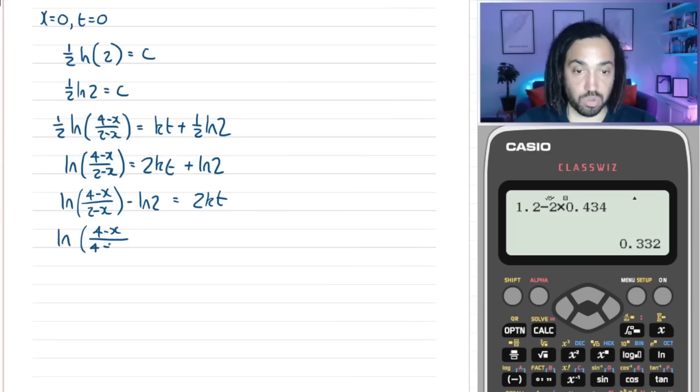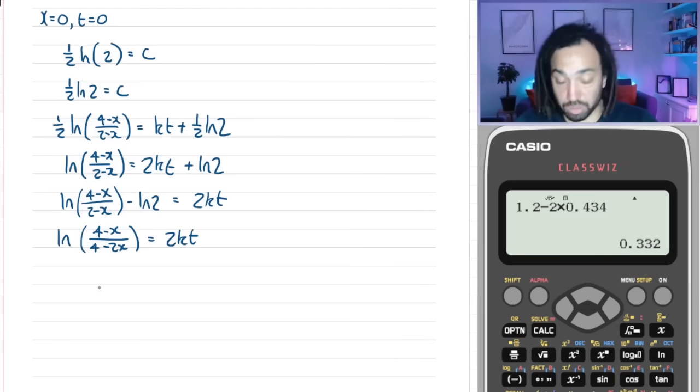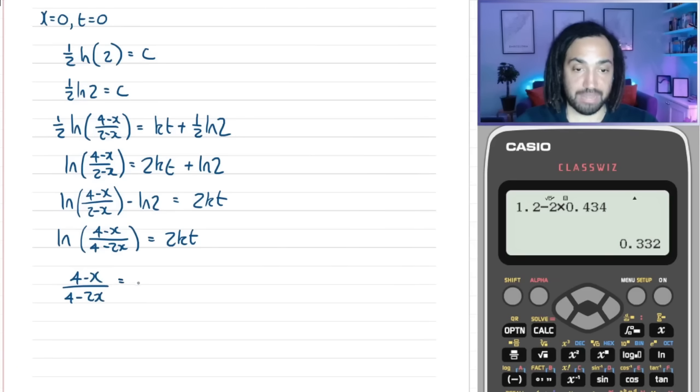So that will be 4 minus 2x on the bottom, and that's equal to 2kt. And now, and only now, we can take e of both sides, which will cancel out the ln on that side and give us e to the 2kt.